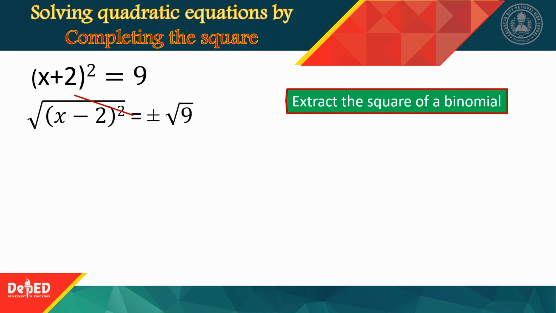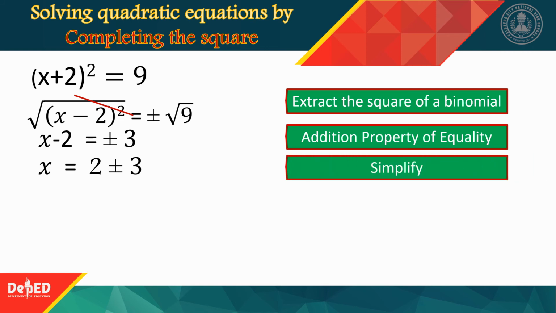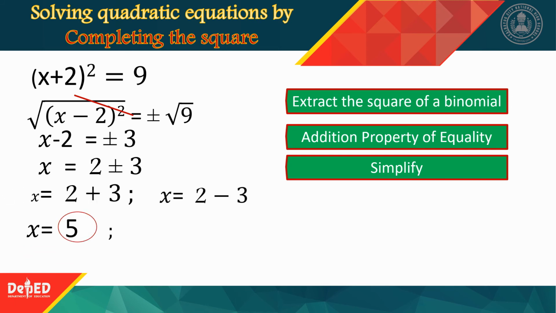Then by the addition property of equality, x minus 2 is equal to positive or negative 3. Then x is equal to 2 plus or minus 3. Simplify. Then x is equal to 2 plus 3, so x is equal to 5. And x is equal to 2 minus 3, so x is equal to negative 1. Then check the two values of x to see if they satisfy the equation.